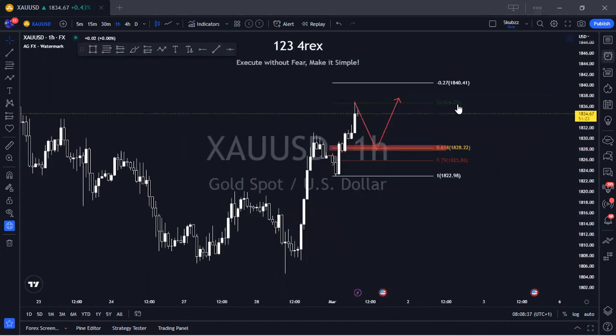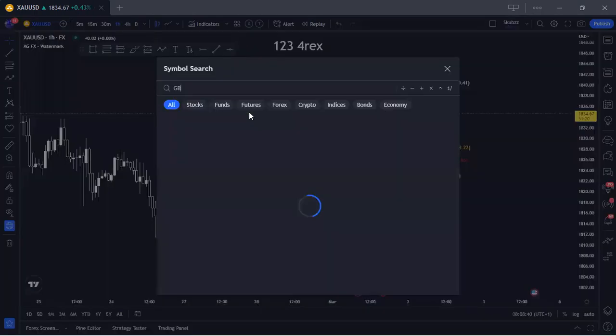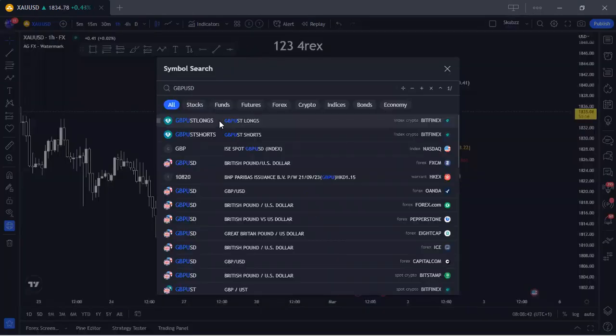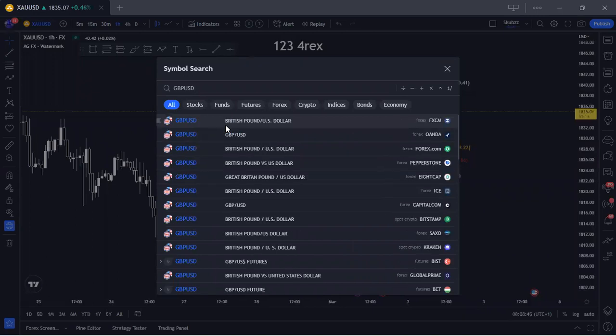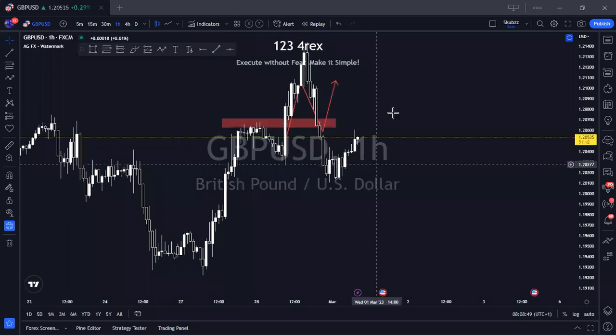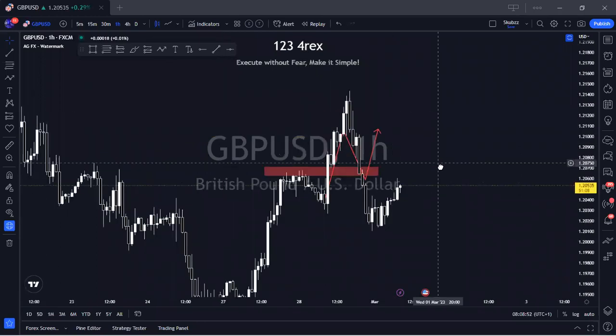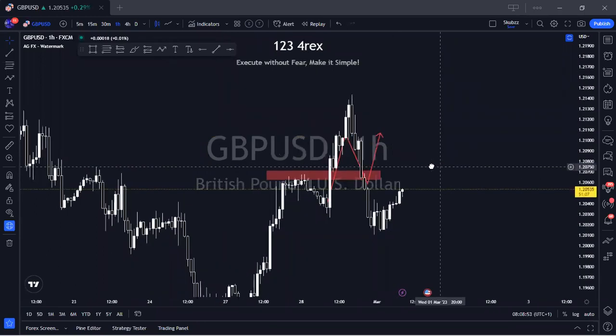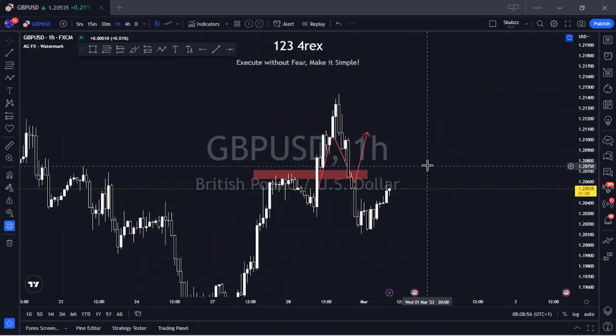Okay, you said GBPUSD. Whoa, this is shocking. GBPUSD is trying to shift structure.